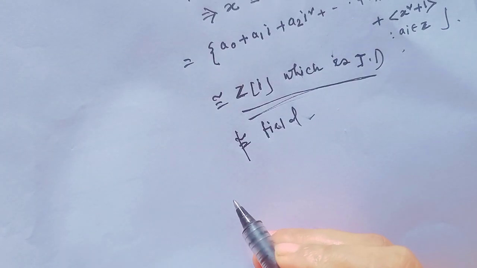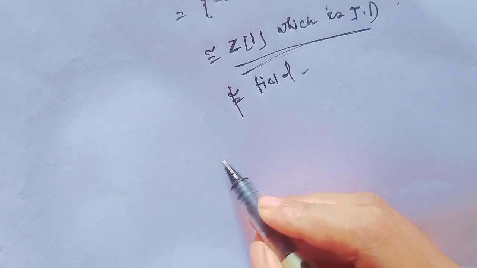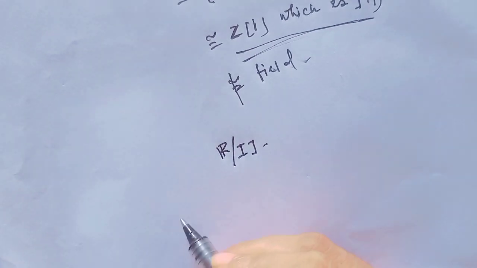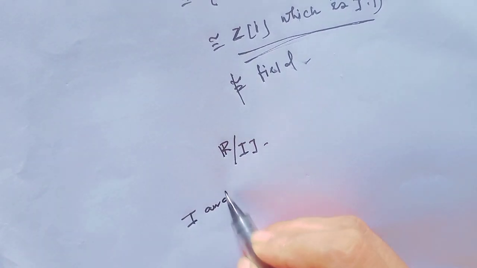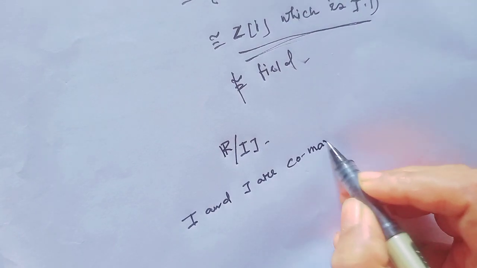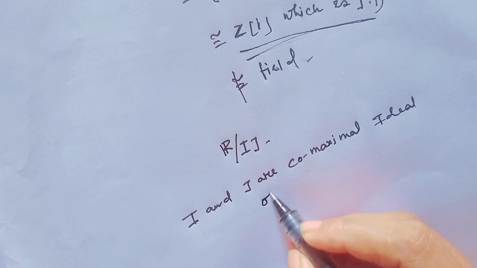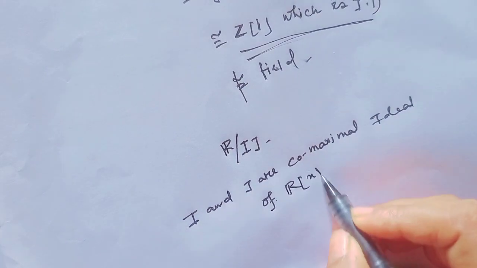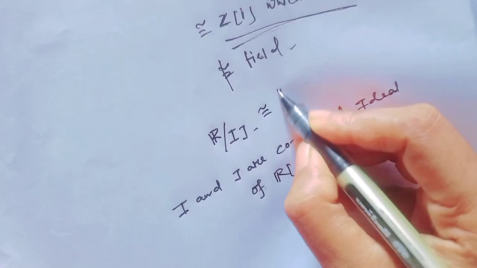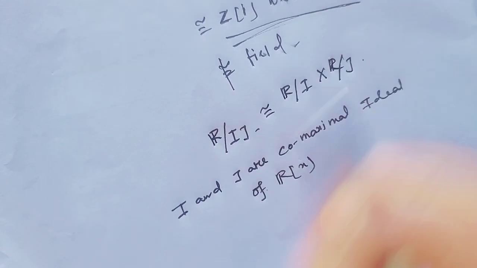We all know this rule: if R[x]/(I∩J), where I and J are co-maximal ideals of R[x], then this is isomorphic to R[x]/I cross R[x]/J.